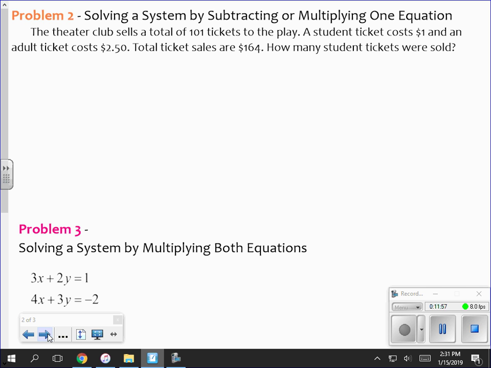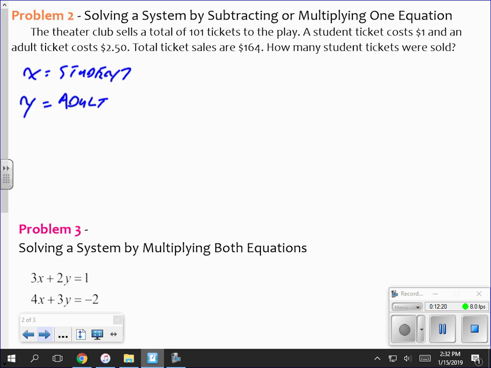Okay. So, 2 equations. One for how many tickets, one for how much money. I have student tickets. I have adult tickets. X for student and Y for adult.